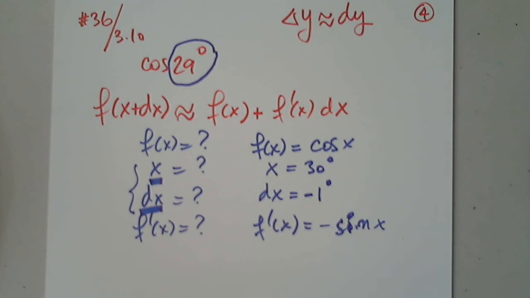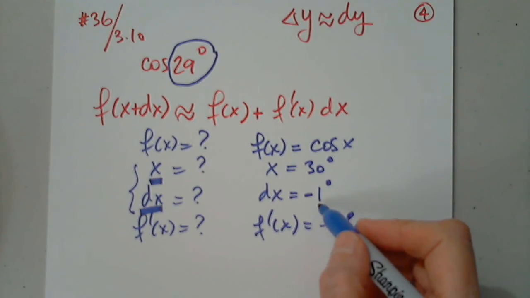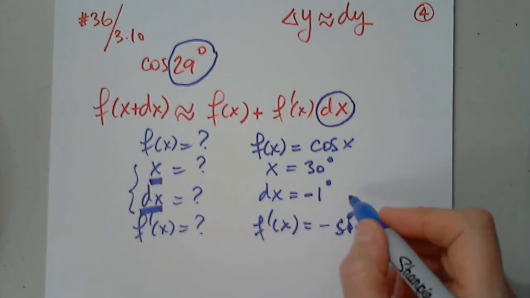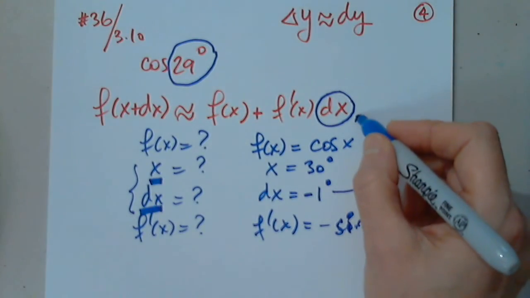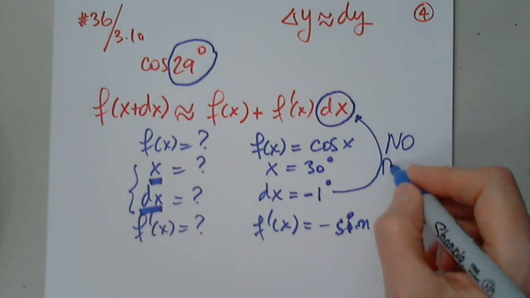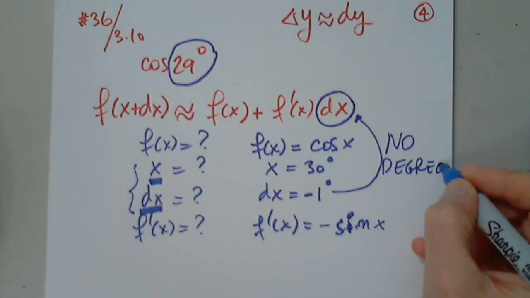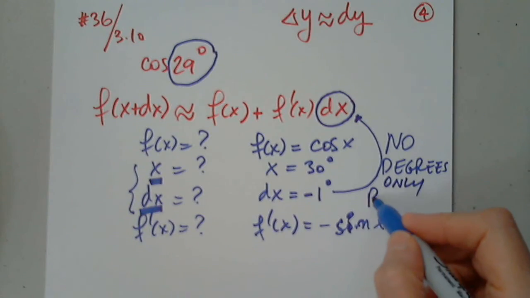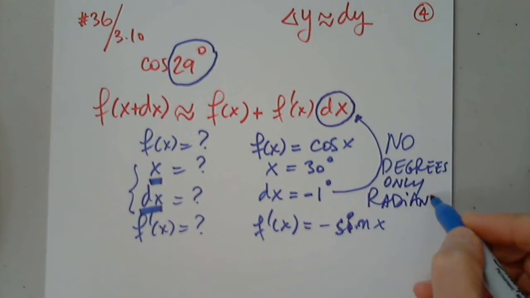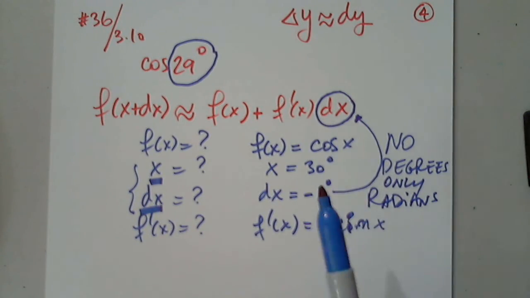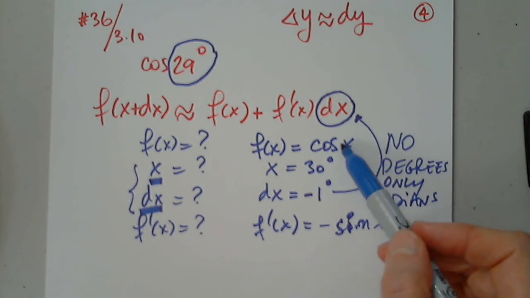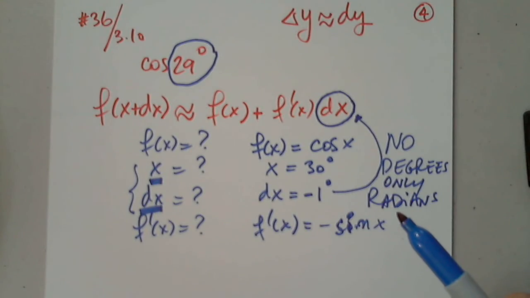Great job, thank you. Keep in mind, dx is not inside a trig function. It cannot be replaced by degrees. No degrees. Okay? Only radians. So when I plug in cosine, if I plug in 30 degrees or pi/6, it's not going to make any difference.